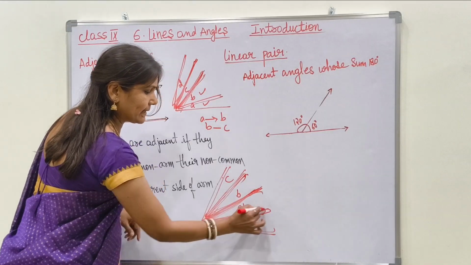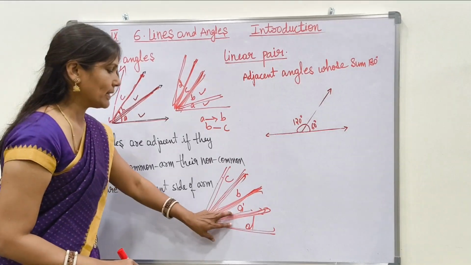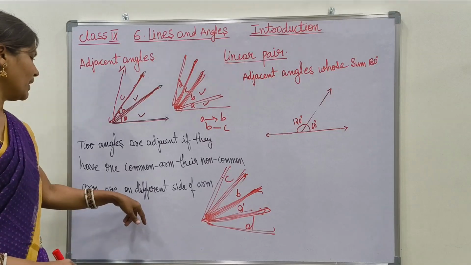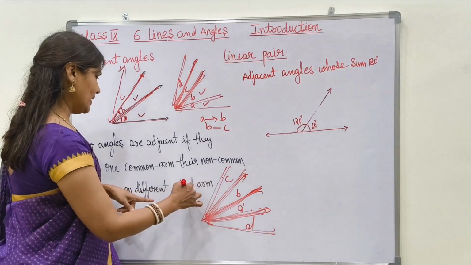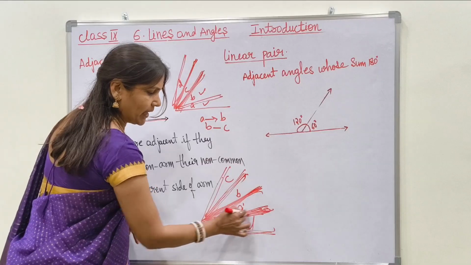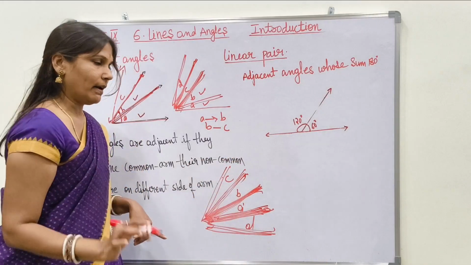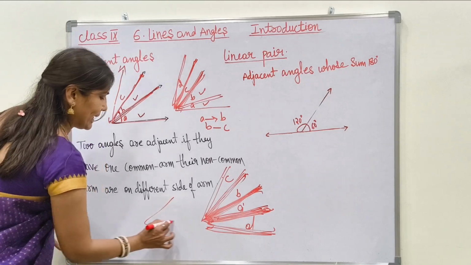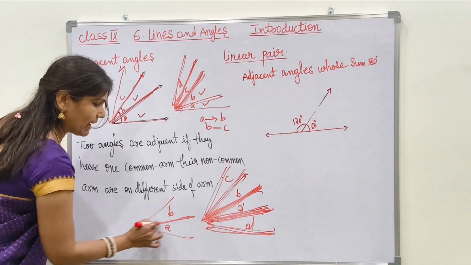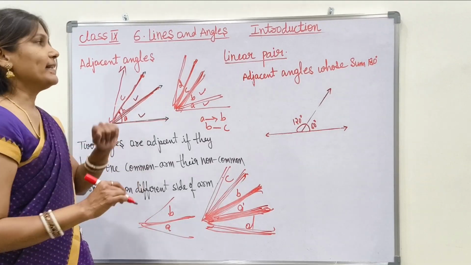Here one common arm is in the middle, so these two angles are called adjacent angles, and the non-common arms are on different sides of the common arm. One common arm, and on both sides we want non-common arms. So adjacent angles means they share a common arm.